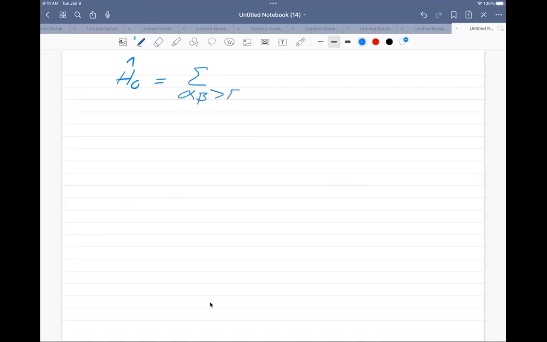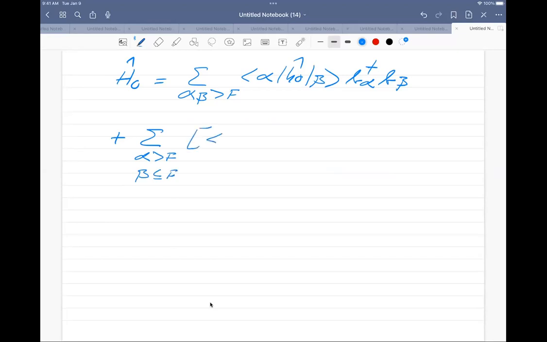And this is something which we then rewrote as an alpha, and then we have this matrix integral with a B alpha dagger, B beta. Then we had plus, and we had a sum of alpha larger than F and beta less than or equal to F. And that contained 2 contributions, alpha of H0 of beta.